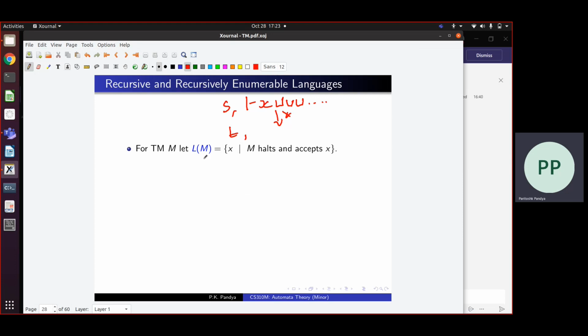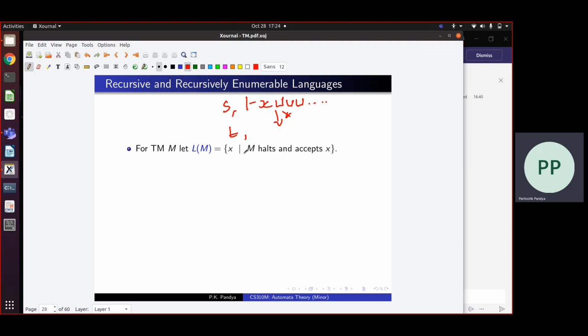What about words which are not in the language? On those words, the Turing machine can either reject or it can loop forever. So there are two ways in which the Turing machine does not include a word in the language: either by rejecting the word or by having an infinite computation on that word, by looping on that word. So it's very important.